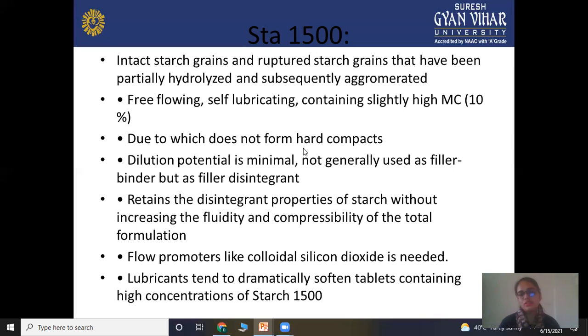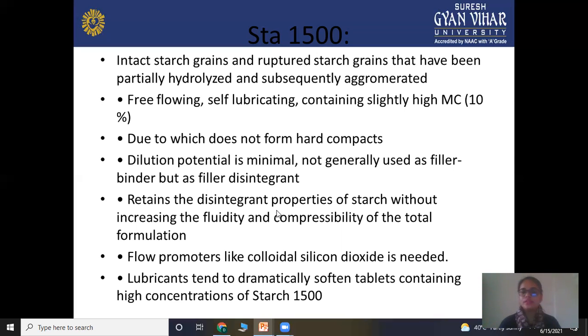It easily forms the required amount of compact, and dilution potential is minimal. It is not generally used as a filler binder, but as a disintegrant. Due to this unique property, you use it not only for diluent purposes but also as a disintegrant, due to its specific release mechanism. It retains the disintegrant property of starch without decreasing the flowability and compressibility of the total formulation.